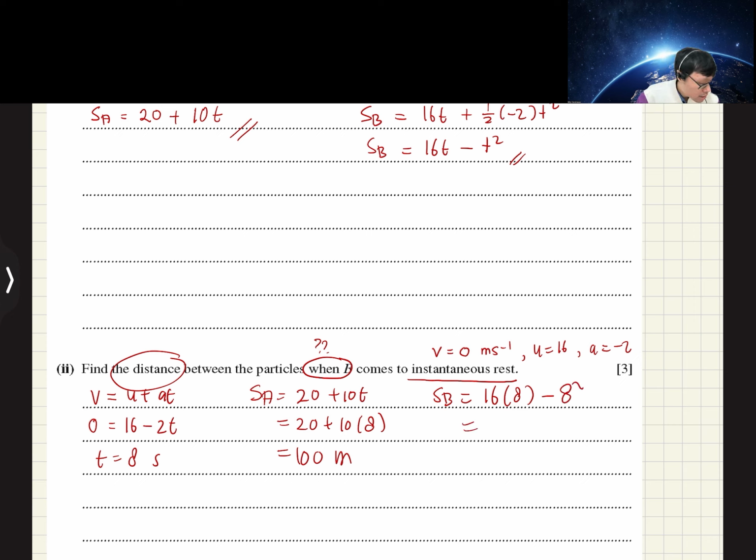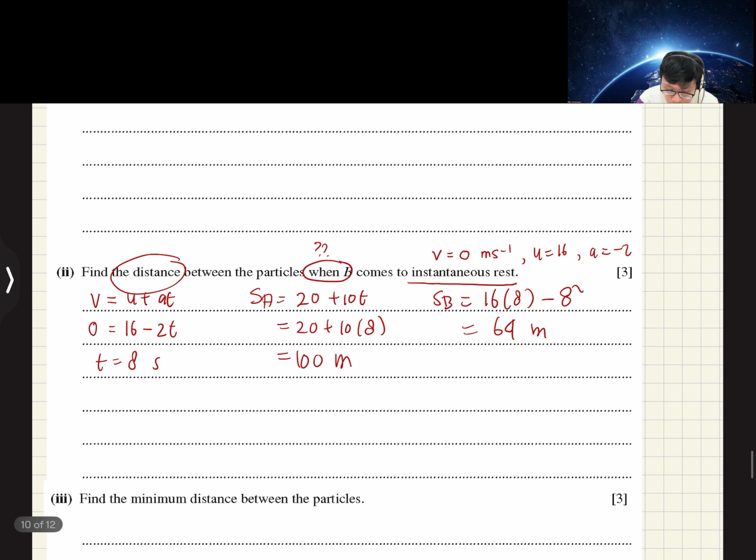Use a calculator, you will get 64. SA and SB are measured from the origin, so to find the distance between them, just subtract SA minus SB. You get 100 minus 64, which is 36 meters. That's the distance between the two particles.